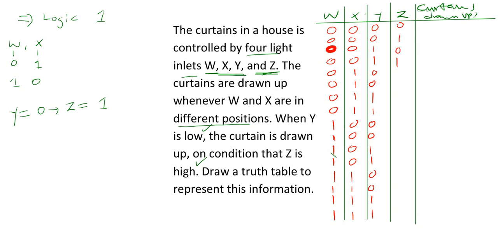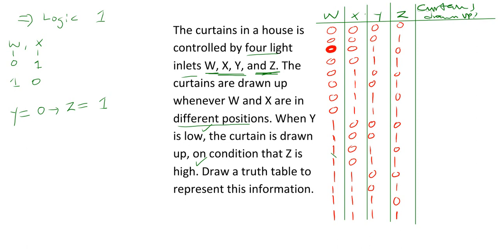So don't start with 1 0, you have to go with the pattern. That is 0 1 0 1, 0 1 0 1, and so on. So that is the different combinations of the inputs.